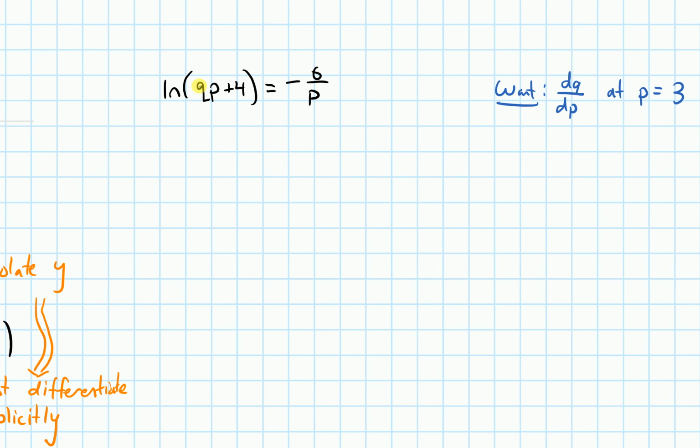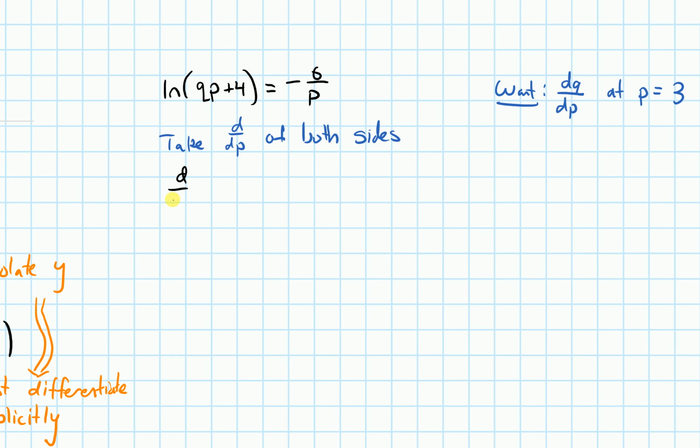I don't have one of the variables isolated in terms of the others. So let's take d/dp of both sides. Because I want to get dq/dp, and to get dq/dp, I'm going to need to take the derivative with respect to p of both sides.